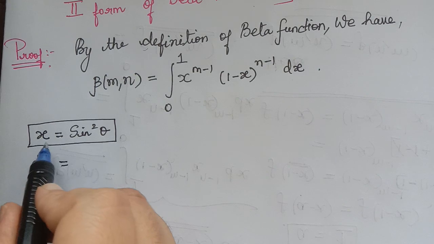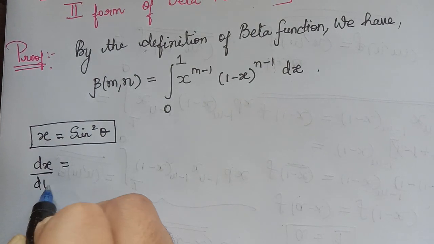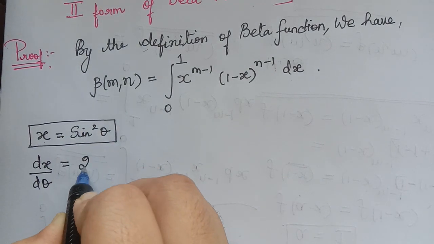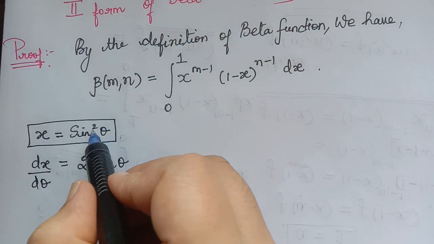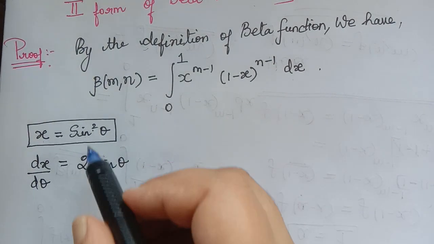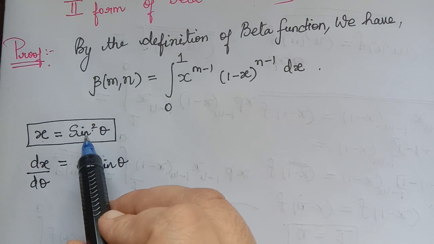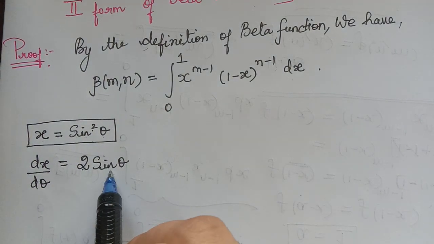That is, we are going to differentiate x with respect to theta. So dx by d theta will be, the differentiation of sine squared theta is 2 sine theta, since when we differentiate x power n, we get n x power n minus 1.